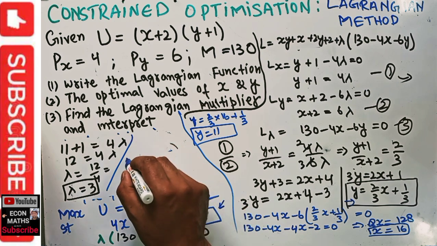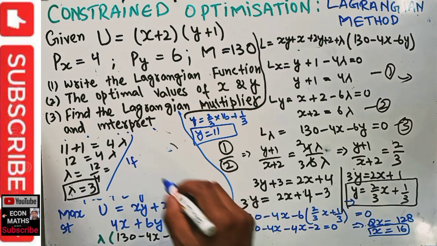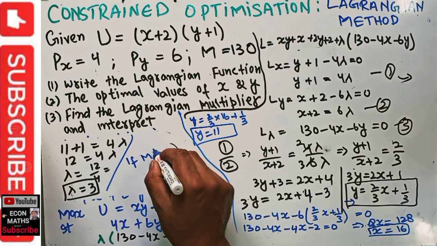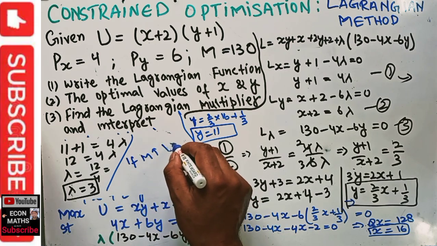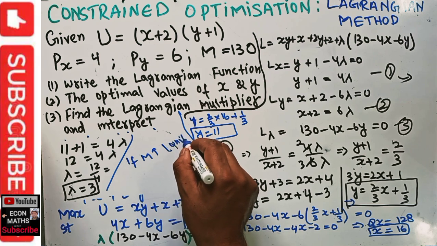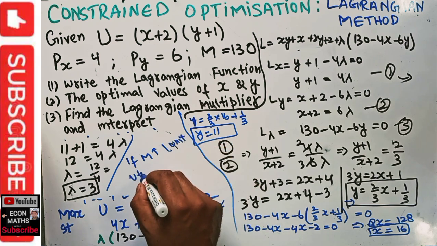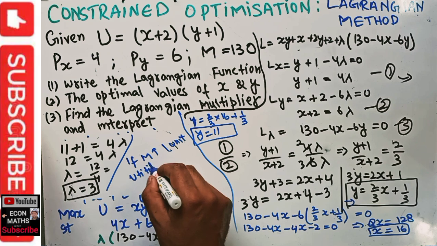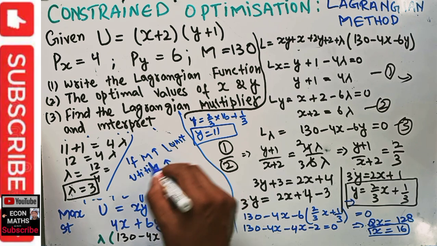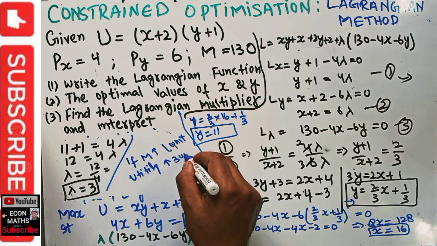It simply tells us if income increases by 1 unit, utility will increase by 3 units.